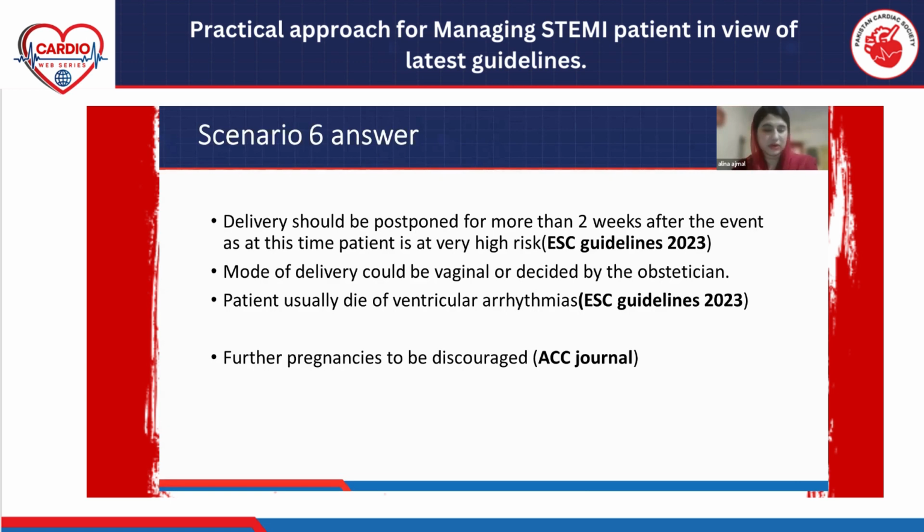It was noted that many of the patients carried the pregnancy very well, but those who did not carry well died spontaneously. So ACC discourages pregnancies in such patients because you never can have an idea which patient is at much more risk than the other.